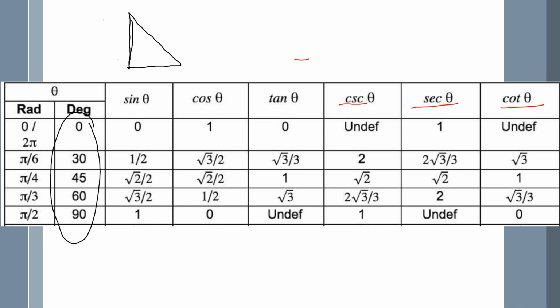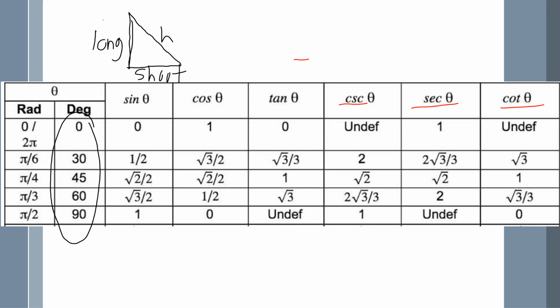So here's one thing I want to address with you guys. I know for a fact you guys are so used to the long leg being here, and the short being right here, and the hypotenuse right here. That's true, but here's what's happening. The long and the short leg are going to switch.